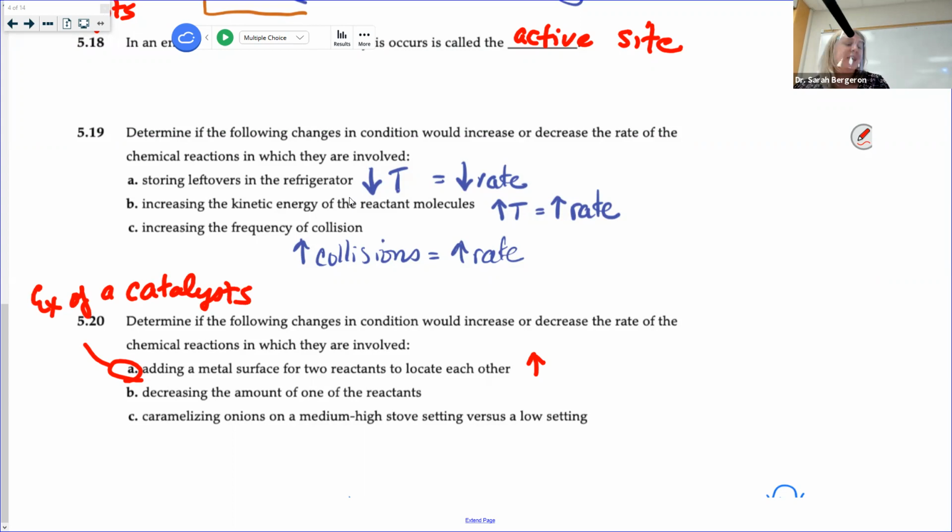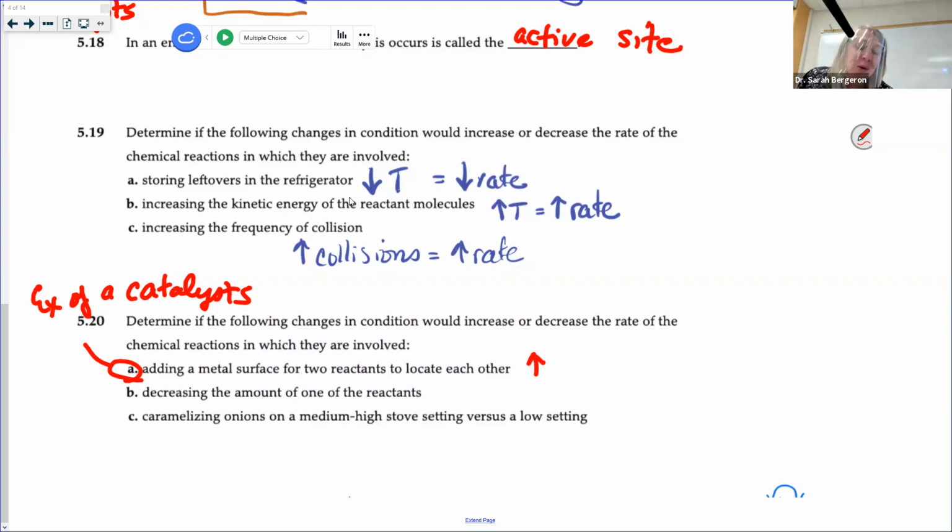Okay, B, decreasing the amount of one of the reactants. Is this more cars on the road or less cars on the road? This is less cars. This is you going to work at 4 a.m. You're going to get into an accident at 4 a.m. Let's pretend you're awake. You're not on your phone. There are just less people for you to get into an accident with, right?